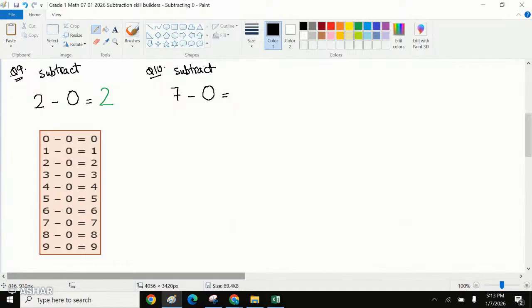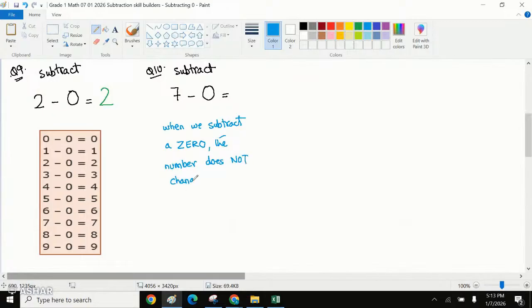We know the rule that when we subtract a 0, right? I'll write down in words Z-E-R-O, a 0. The number does not change, right?